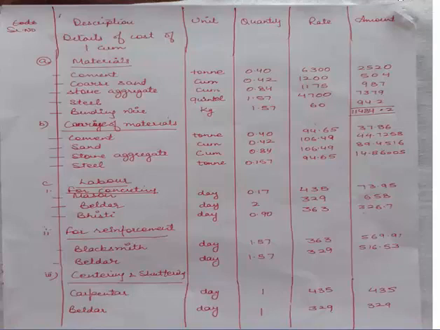Now, how has this quantity of steel been taken into consideration? For this quantity of steel, the unit is quintal, and this value has been obtained as per the data given in the question, that is the quantity of steel at the rate of 2% per cubic meter.